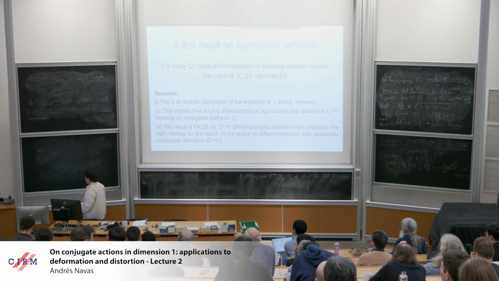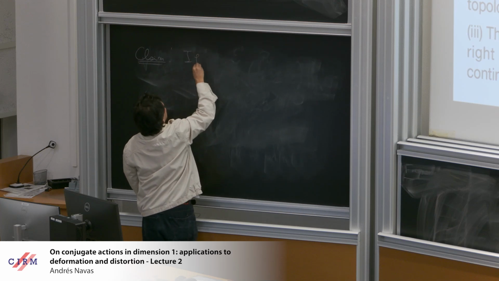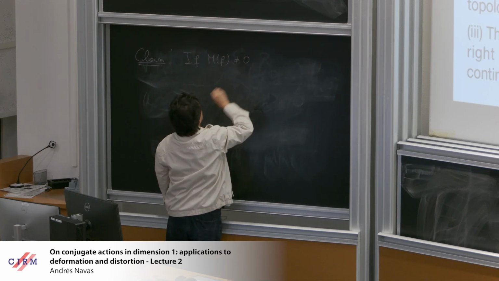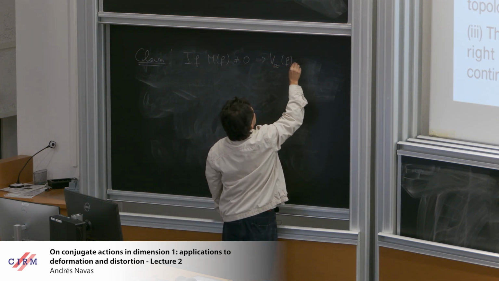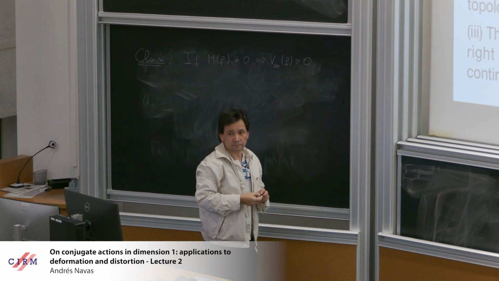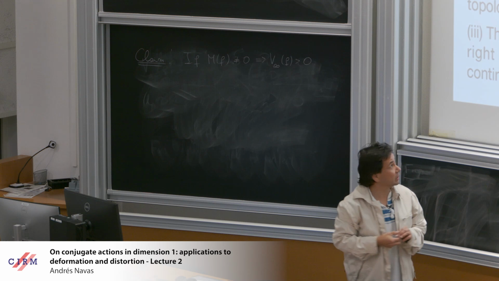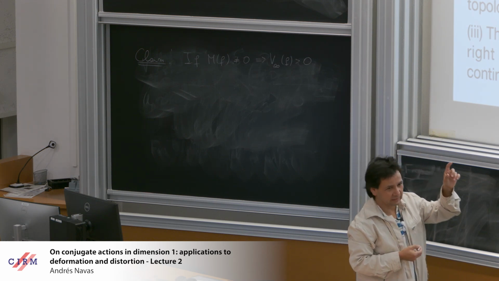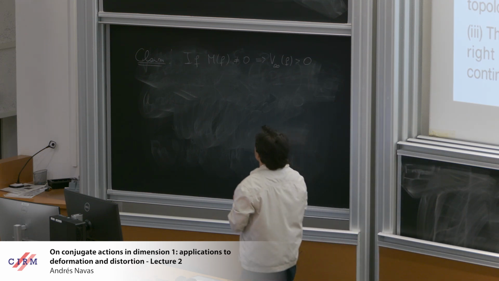The claim is the following: if the Mather homomorphism evaluated at this diffeomorphism is non-zero, then the asymptotic variation of this diffeomorphism is positive. So the counterexamples to that theorem live in this subspace where there is some singularity for the variation.